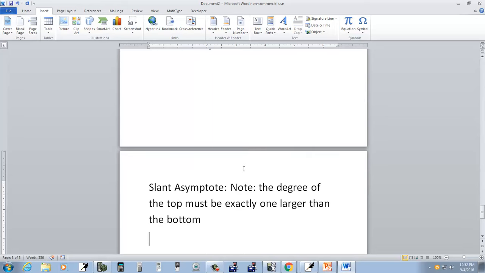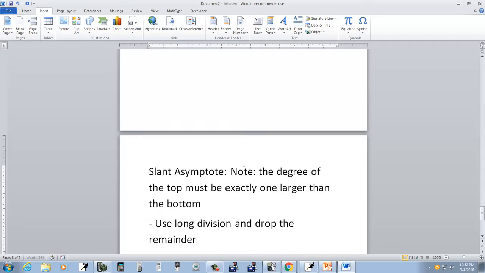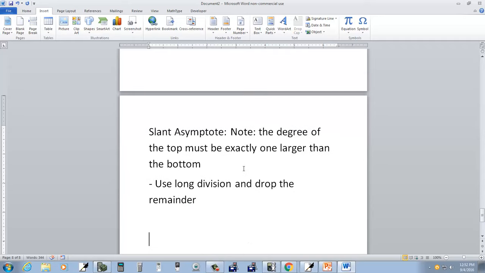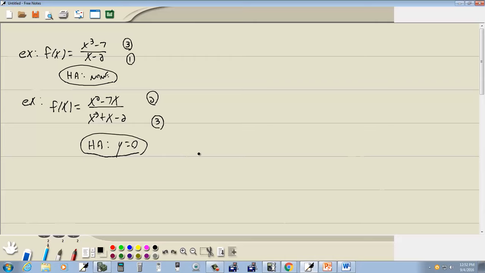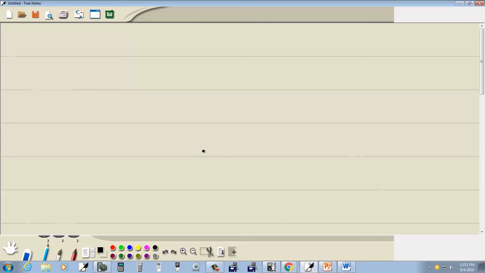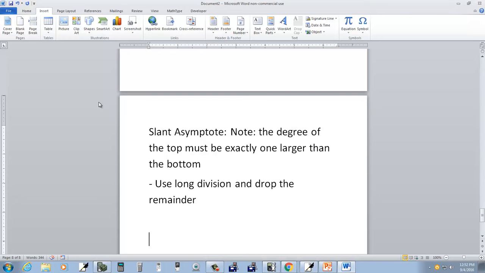And how you find the slant asymptote is you use long division and drop the remainder. So let's look at an example. We've got f of x is equal to x squared minus 8x plus 2 over x plus 1. And the instructions are to find a slant asymptote.